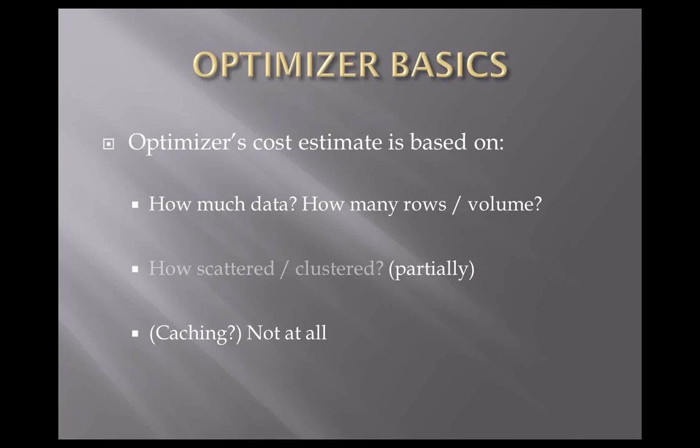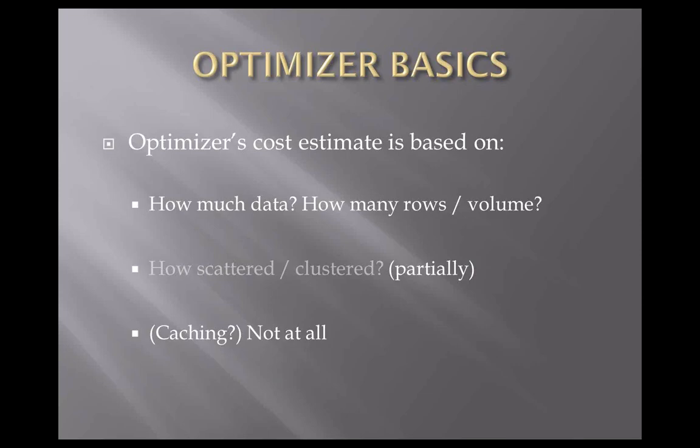But in particular, the clustering and scattering questions, or where is your data located, is only partially covered by the optimizer. And the caching aspect is actually not covered at all by the optimizer, so that's another interesting point that I will come back to later.